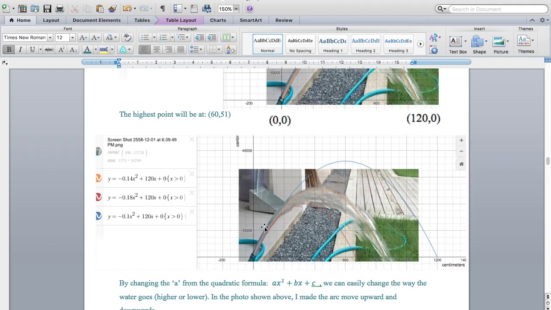So to make it lower, we have to decrease the a in the quadratic form ax squared plus bx plus c. So we change the a to make the number lower, then the arc will become lower. But if we want to make the arc higher, we have to increase it. 1 is obviously bigger than 18. So if we increase it, that water arc will be higher.